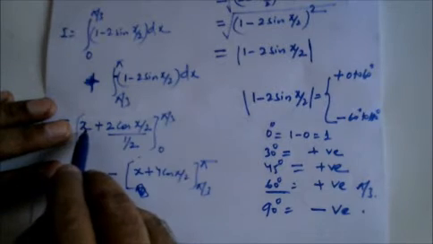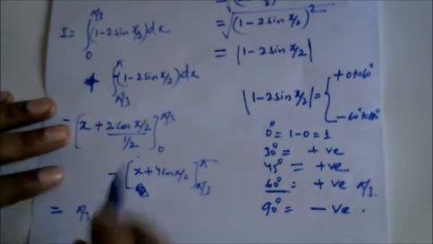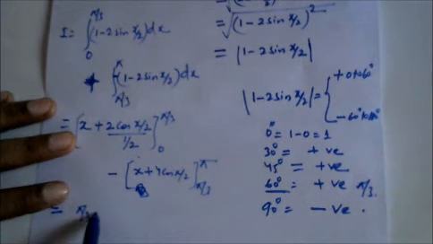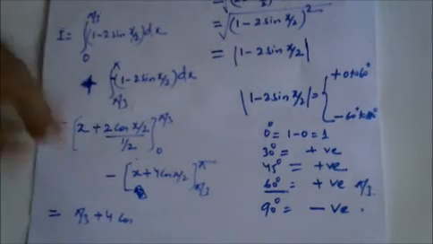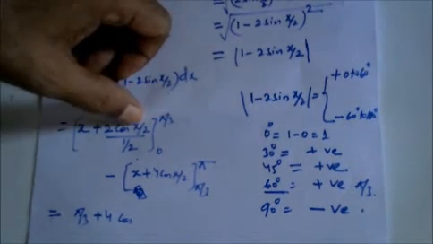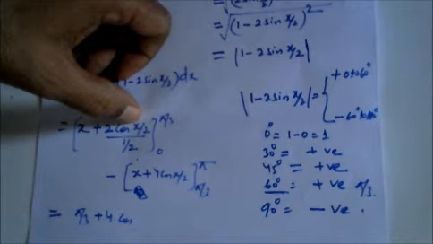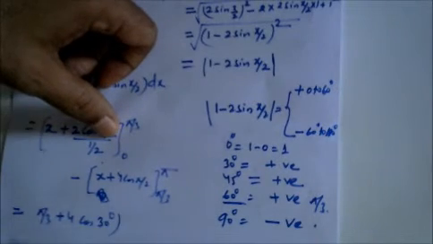So the value of x is here pi by 3, right? And this one has become plus 4 cos. So pi by 3 means 60 degree. 60 degree divided by 2 will give you 30 degree. Okay.